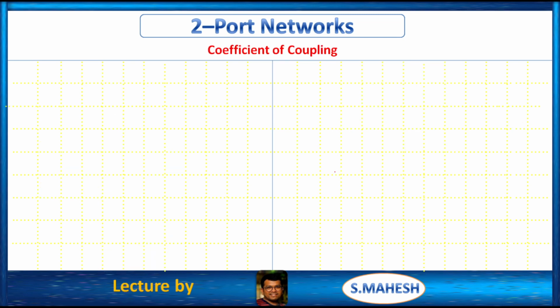Now we have to discuss the coefficient of coupling. So what is meant by coefficient of coupling? It is defined as the fraction of total flux that links the coil. For example, total flux is nothing but phi 1 or phi 2 with respect to coil 1 or coil 2. Phi 12 or phi 21 is nothing but the mutual flux. So how much fraction of mutual flux is there from that total flux?